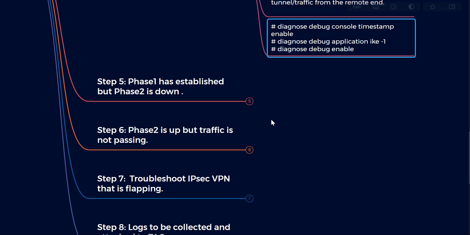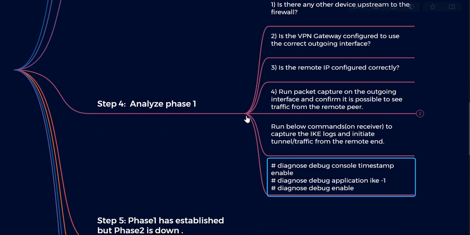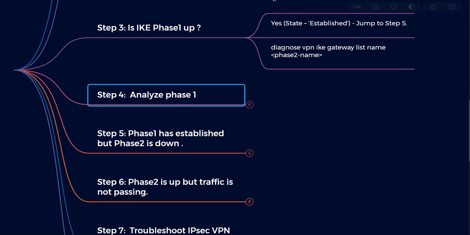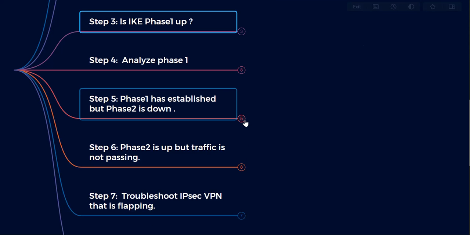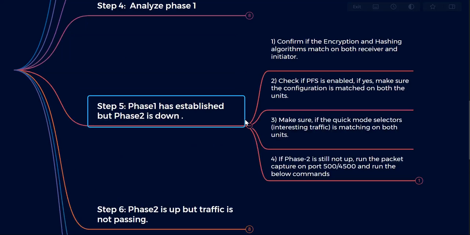Wow, that's a lot. Lots needs to be covered. See, one thing more, please look into this. Okay. Now, when we say phase 2 is down, it says confirm if the encryption and hashing algorithms match on both the receiver and the initiator.